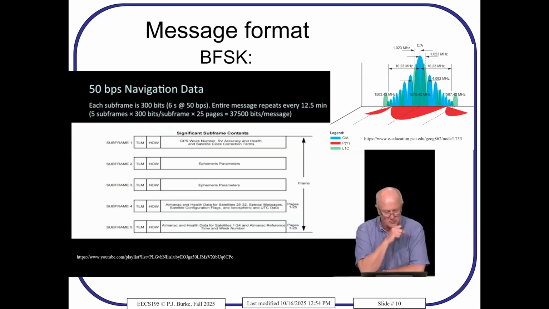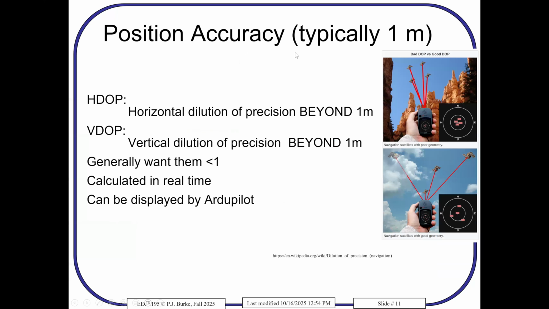So we will not get into the detailed message that uses binary phase shift keying. There's a whole entire course at Stanford that they posted on YouTube. They have almost 20 videos. The whole entire course about how GPS works. So if you're interested in the message protocol and the format, I would refer you to that course or the GPS documentation if you're so inclined. But this is meant for students rather than experts.